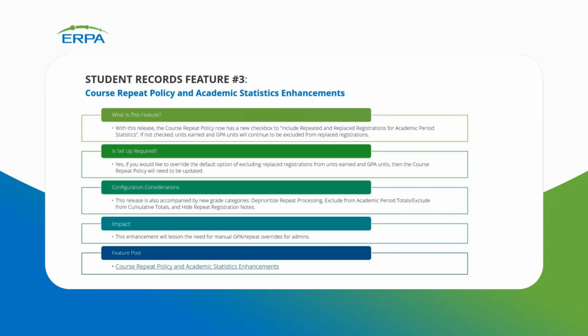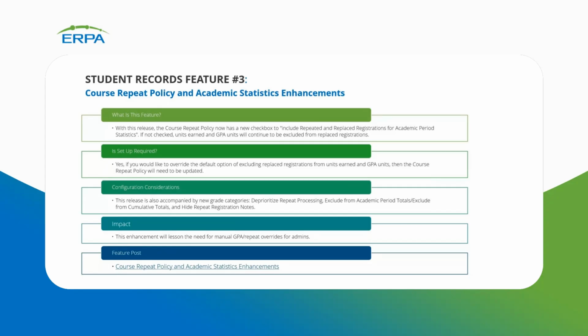All right, last student records feature, very exciting: course repeat policy and academic statistics enhancements. So the course repeat policy now includes a brand new super fancy checkbox, and it is a mouthful. It's "include repeated and replaced registrations for academic period statistics."